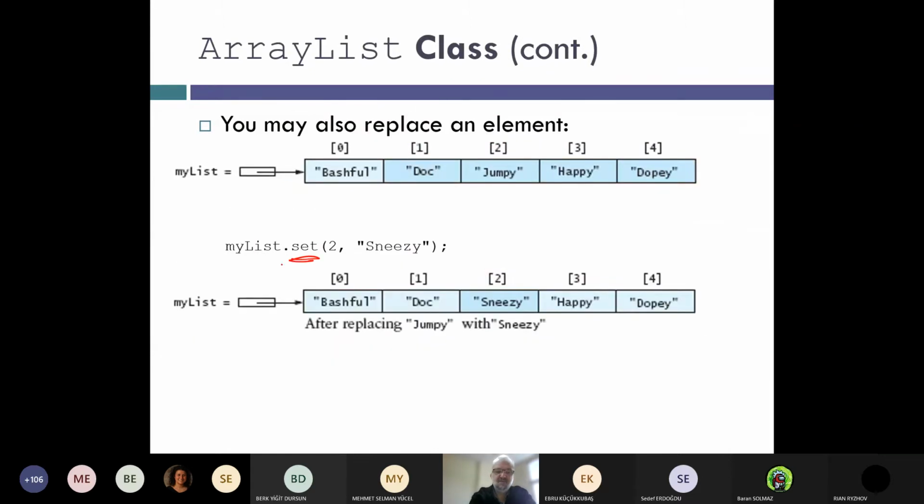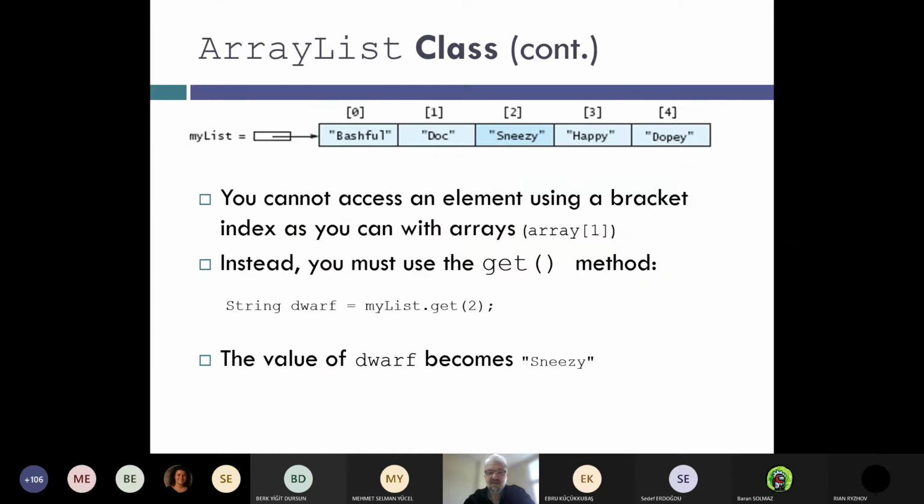We can also set by specifying an index and an element. The second value is replaced by the new value. We are going to see that set returns the old value as a return value, but for the time being, let's skip it.